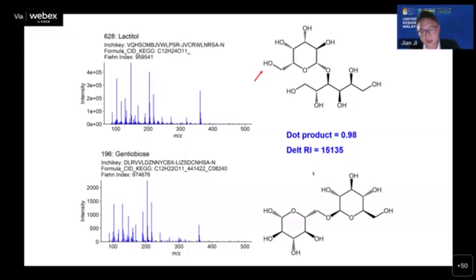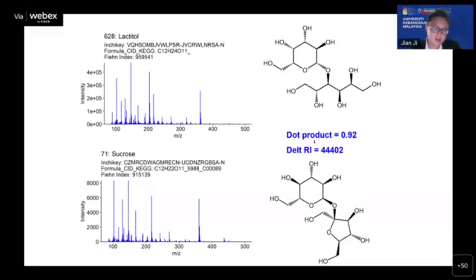The structure is also different from lactitol, but the EI spectrum is also pretty similar, with a 0.98 dot product value. So it's also very good. The fourth one is sucrose. Sucrose is another sugar, but the structure is also different. It's a ring here and a chain here. It's different, but the similarity is good.